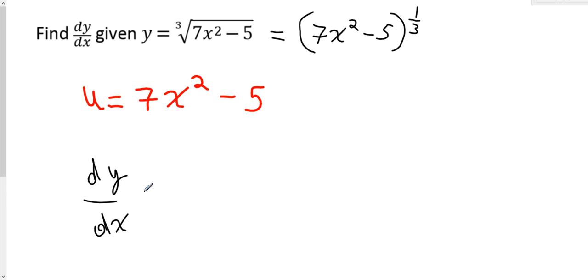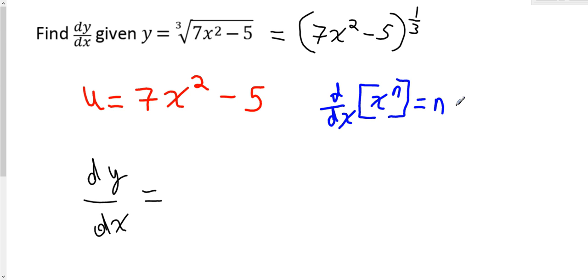In order to find dy/dx, we're going to use the chain rule version of the simple power rule, called the general power rule. So the simple power rule says that the derivative with respect to x, notice it's with respect to x, the independent variable is x, of x to the n, is equal to n times x to the n minus 1.